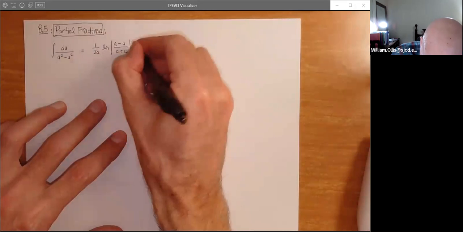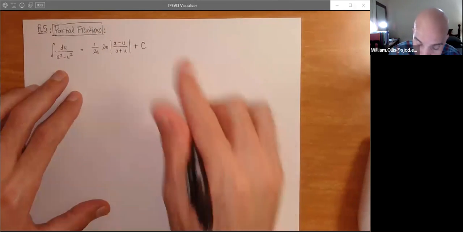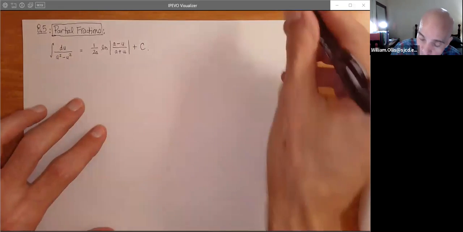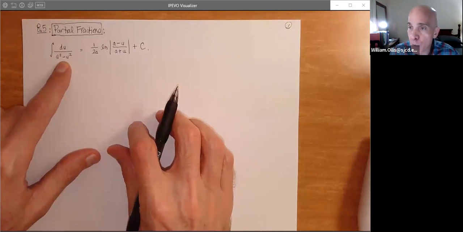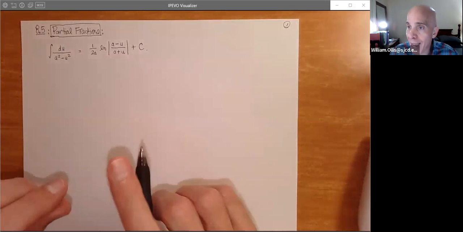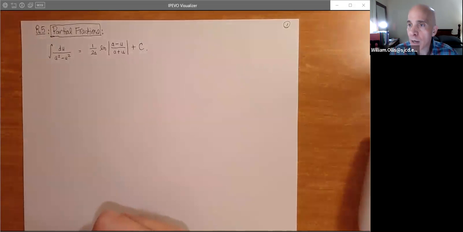And you should go back and look at that if you don't remember it. And in this particular case, u is a differentiable function of x. So the idea here is that you can take this difference of squares, which gives you two distinct linear factors, and go backwards.